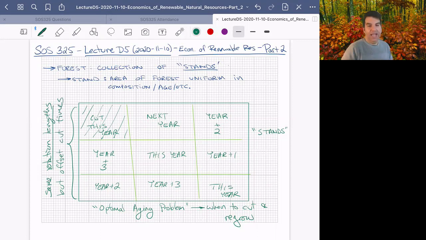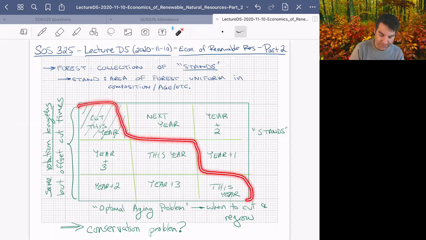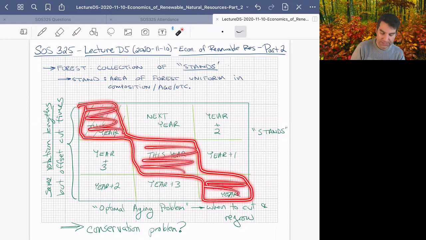And all of the analysis that we're doing for a single stand will apply. But what is interesting about this, if you're trying to translate an optimal aging problem into, let's say, a conservation problem, is that this year we're only cutting 3 out of the 9 stands in this forest.